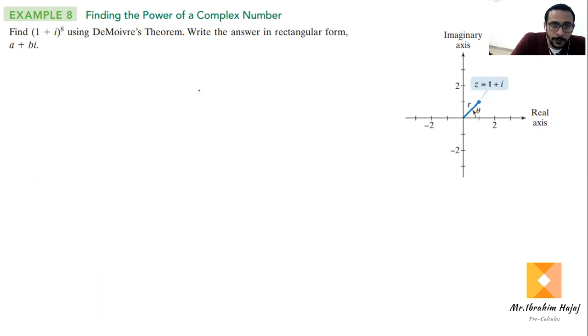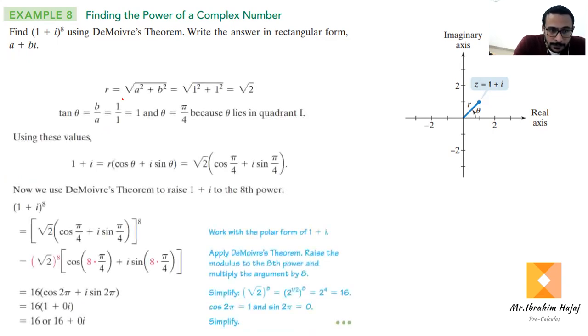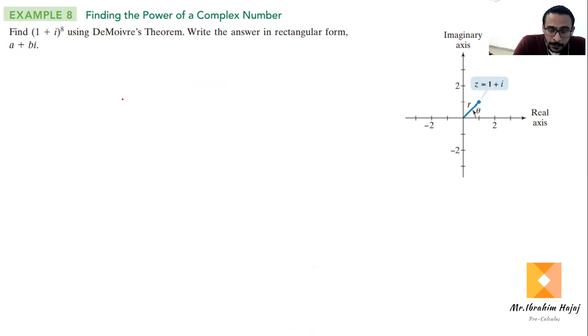Okay, first of all, using De Moivre's theorem we have to find the r. We have to write z equals r cosine theta plus i sine theta. So my goal is to write the complex number as r times cosine theta plus i sine theta. First I will find r.